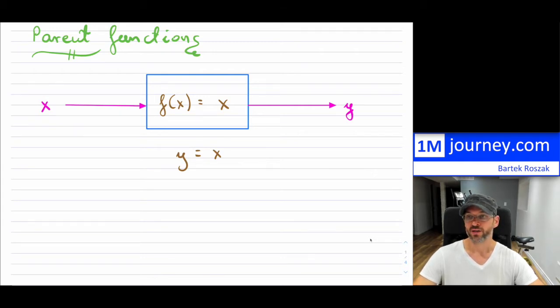Now, why is this called a parent function, and why do we talk about parent functions? It is because pretty much any linear function that you have, any line that you're going to draw, is just some kind of reflection of this line, possibly a stretched out line, or a shifted line, so you translate it from one place to another.